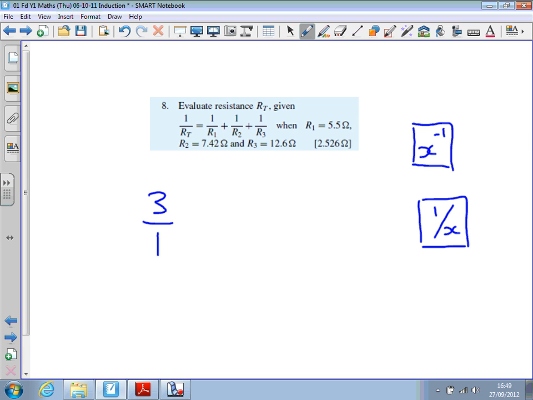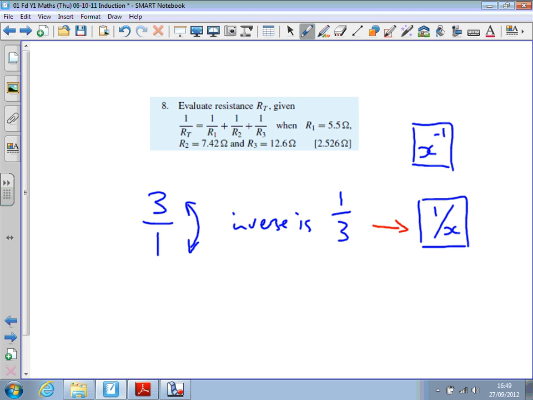If I invert it, I turn it upside down. Find the inverse, find the reciprocal, means invert it. So the inverse of 3 is 1 over 3, and the inverse of 1 over 3 is 3. This button finds the inverse, 1 over.